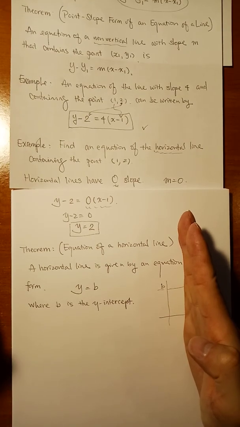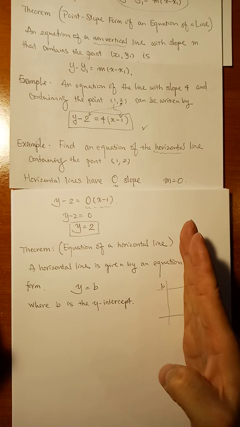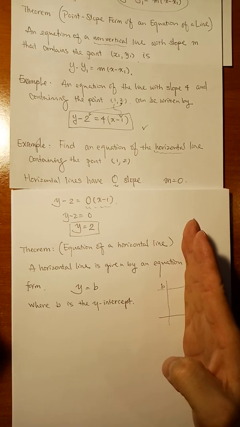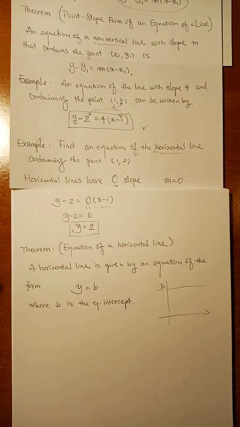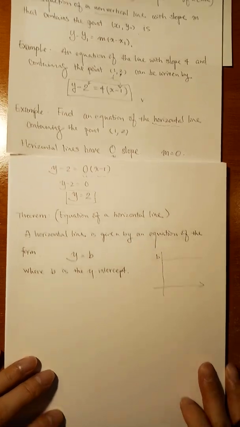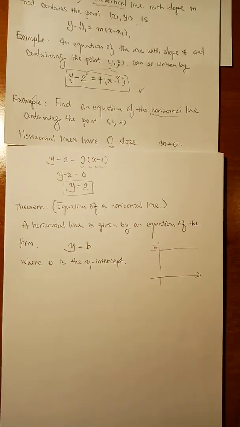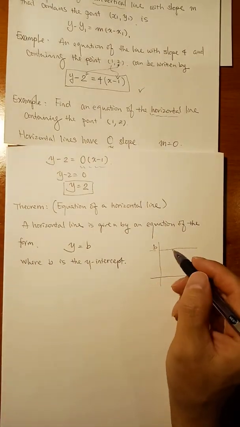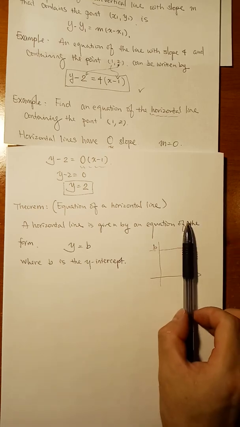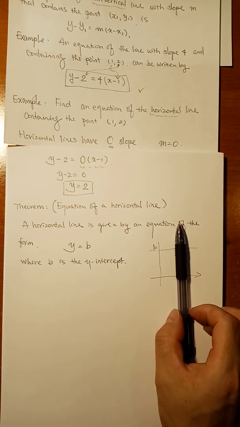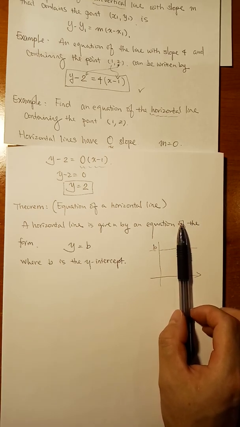x equal to a represents a vertical line, like the location. Okay? So that's the equation of a horizontal line, y equal to b. Equation of a vertical line, x equal to a. Well, a and b, they're just numbers.